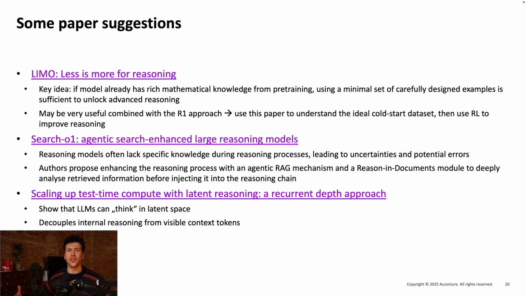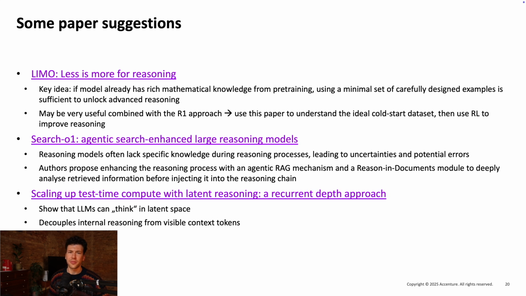They propose a methodology how to create a very efficient data set to do that. And it may be very useful if you combine that with the R1 approach. So if you use a very efficient data set as a cold start data set, the model may learn much quicker than it otherwise would.